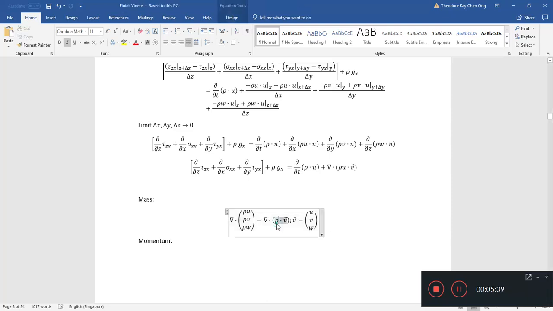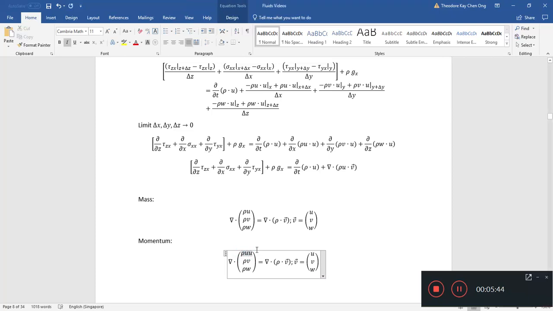So we have a rho u, a rho u dot v, a rho u dot w. We'll have this simple divergence here.